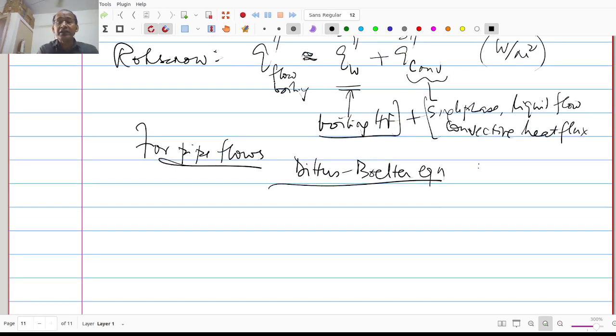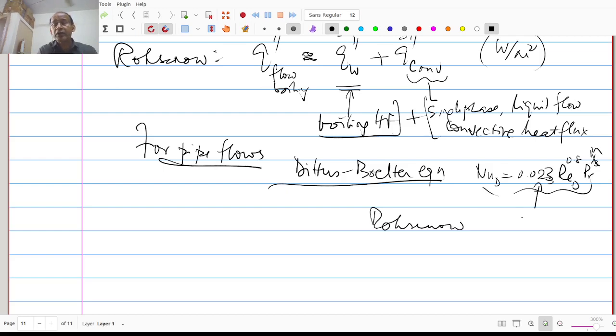You get the Nusselt number N u D is 0.023 into Re D raised to 0.8 Pr raised to 1 by 3. Okay, so this is the expression, or actually Pr raised to n, which is 0.3 or 0.4 depending on whether it is heating or cooling. Now this 0.023, Rohsenow recommends to replace it with 0.019 when you are using it in this equation for closer match with experimental data.